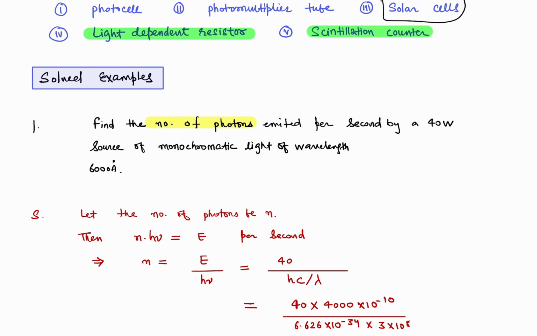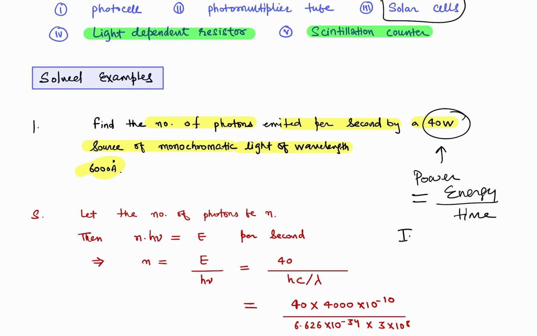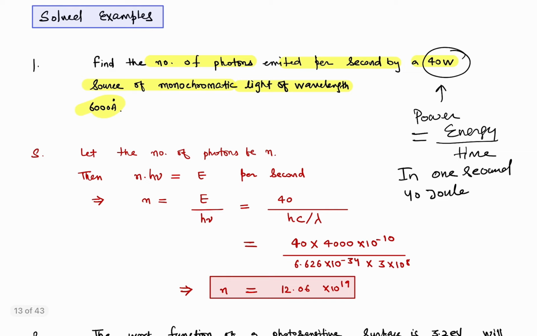Find the number of photons emitted per second by a 40-watt source of monochromatic light of wavelength 6000 angstrom. Look, 40 watt is nothing but power, and power is nothing but energy per unit time. That means in 1 second, 40 joules of energy are being liberated. So it is not the energy of one single photon.